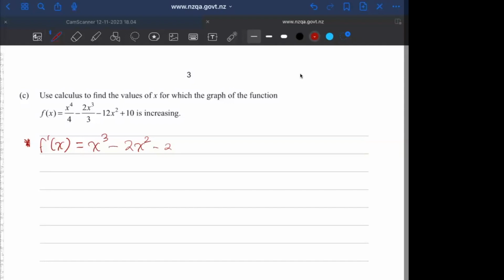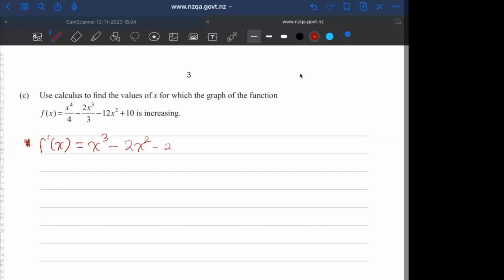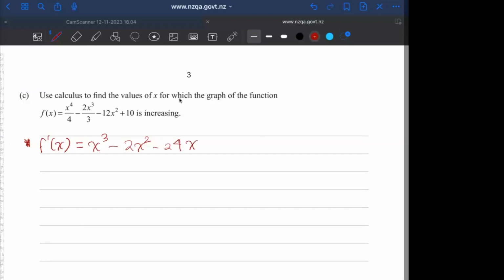Plus... Oh, wait, give me a second. Okay. So 24x, right? Yeah. And then what?